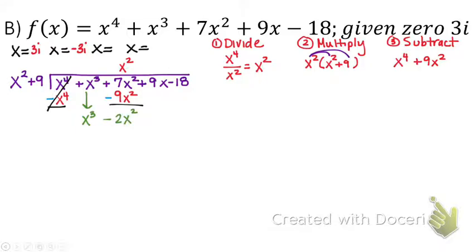So we're going to do that same 3 steps again. Start off with dividing, but this time I'm dividing x cubed by x squared. So let's take x cubed, divide that by x squared. You get x. Put that x on the top. And then you're going to take that x and multiply it by x squared plus 9.